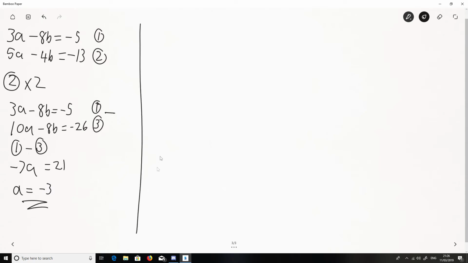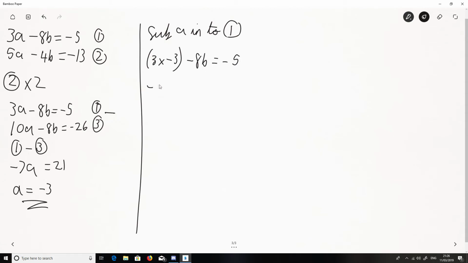So now we want to go and sub A into equation 2. Nope, we want to sub it into equation 1. Just to stick with the convention that I've been going through. It doesn't really matter, but just in order for keeping everything the same as to not confuse anyone. Sub A into equation 1, so we get 3 times minus 3 minus 8b equals minus 5.